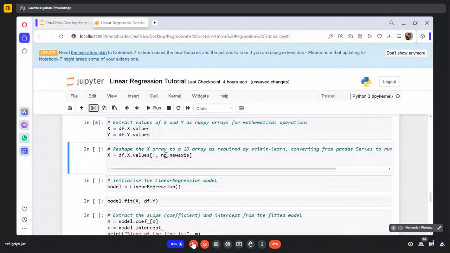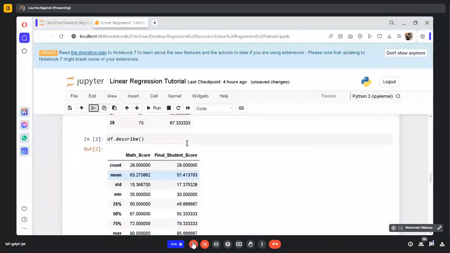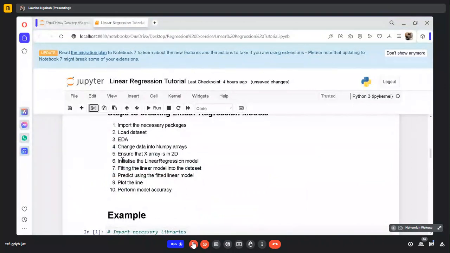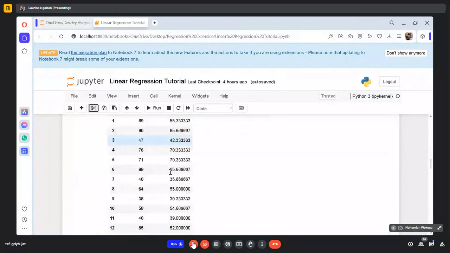So the next step: we changed data into NumPy arrays. Then now we ensure that our X array is in 2D.